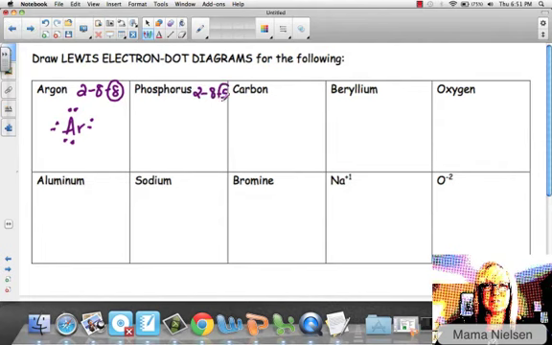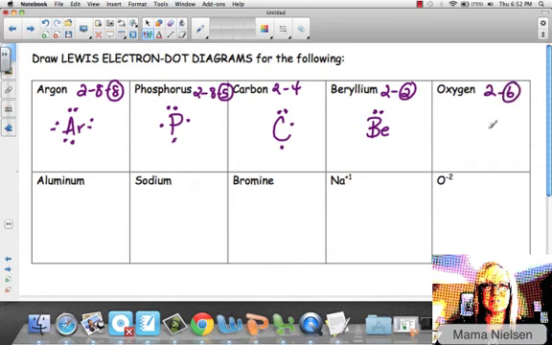Only interested in the 5. Phosphorus is P. 1, 2, 3, 4, 5. Carbon has an electron configuration of 2, 4. 1, 2, 3, 4. Beryllium has an electron configuration of 2, 2. Only interested in the 2. 1, 2. Oxygen has an electron configuration of 2, 6. 1, 2, 3, 4, 5, 6.